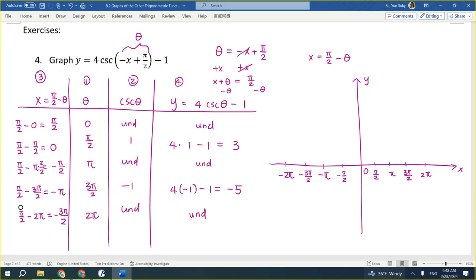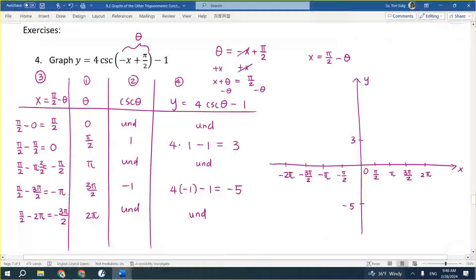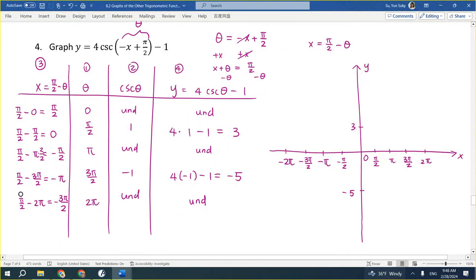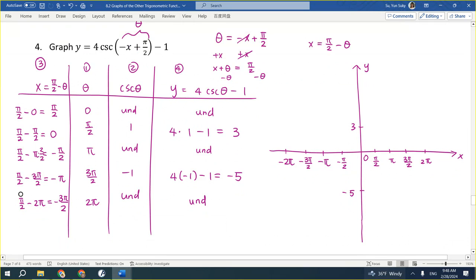Okay, y values. We have 3. So 3 is some number here. And negative 5, some number there. Okay. Sorry. All right, make it longer. Okay, now let's start. Let me use a different color so you can see. Pi over 2, undefined.